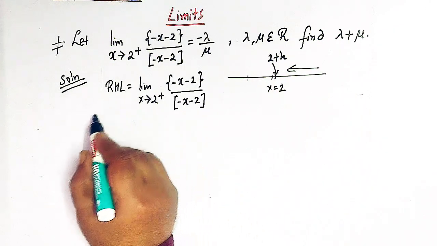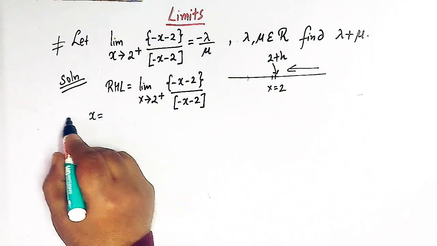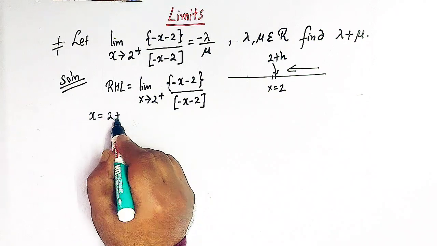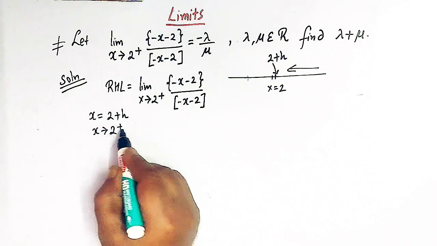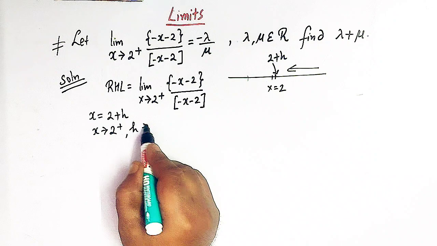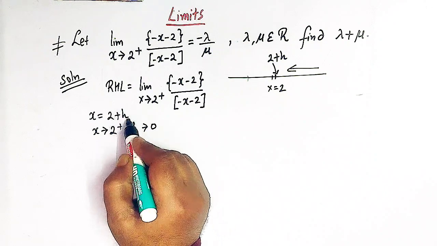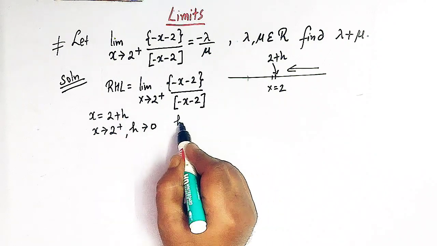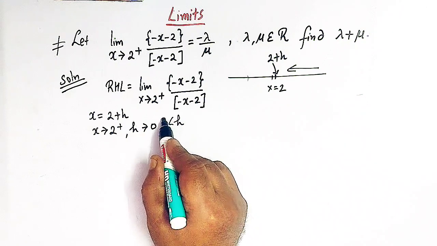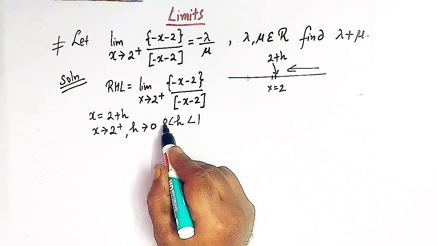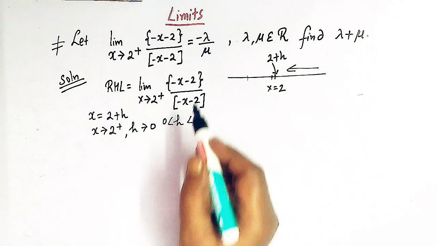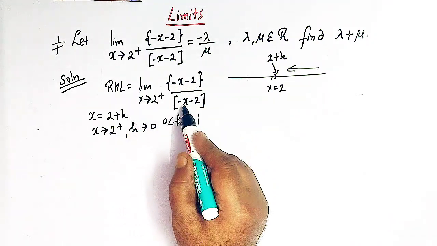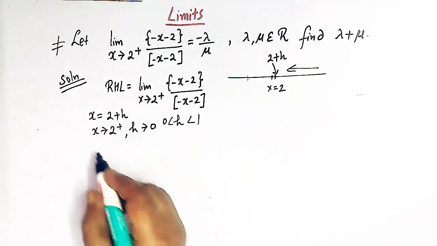So what we will do, we'll take x is equal to 2 plus h, and when x tends to 2, then obviously h tends to 0. And remember, this quantity h is a positive quantity and it lies between 0 and 1, and h is infinitesimally very small, right? So let us convert this limit in terms of h.